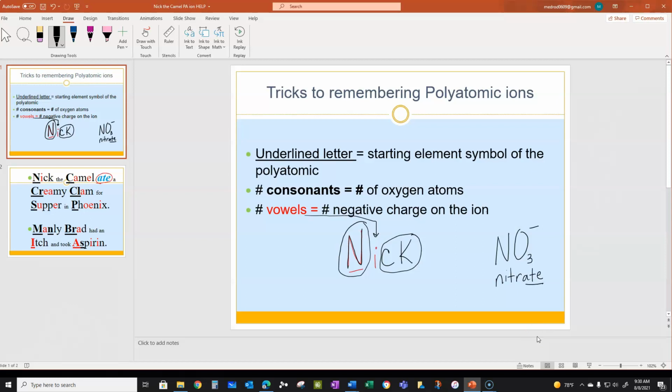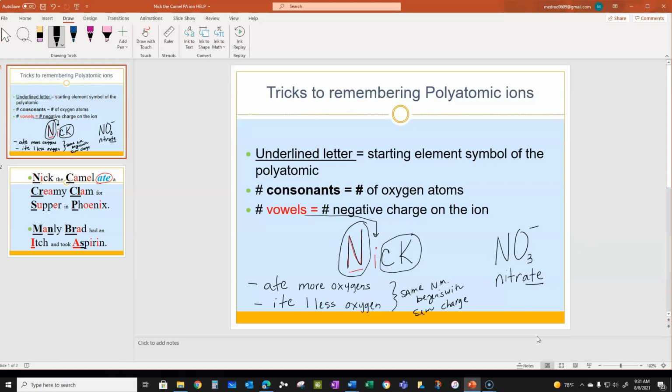Okay, so here is the biggest trick with the ITEs. When you have polyatomics that end in ATE, that means they have more oxygens. Okay, and if it's ITE, it means it has literally 1 less oxygen. But the cool part is, what do they have in common? They have the same nonmetal that it begins with, and it has the same charge.